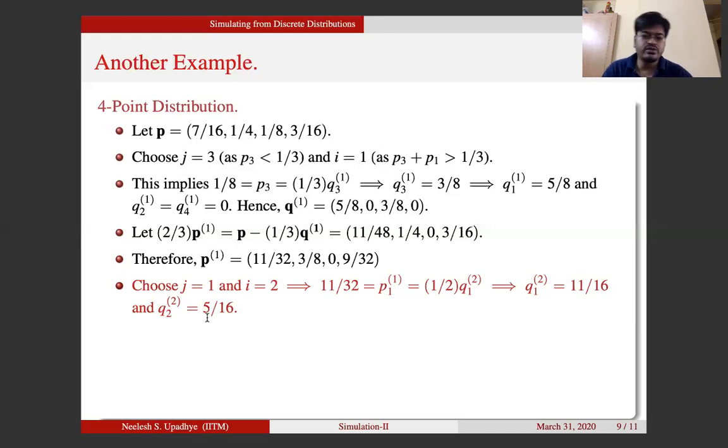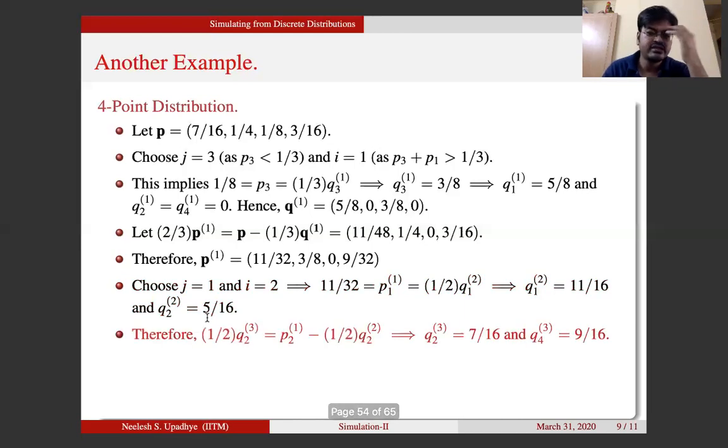Then again you will go to the next iteration. That is, you will compute what is Q2, what should be Q23. Q23 computed here, and then you can again go ahead and compute 1 minus of this, which is Q43.